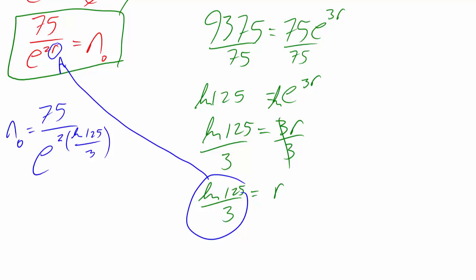Now that's kind of a hideous expression, but we can make it a little bit more pleasant to look at here. We can write this exponent of e as 2/3 times the natural log of 125. It's not great, but it'll do for the purposes of punching this into our calculator. All right, and when we do that, we discover that n sub 0 equals 3.